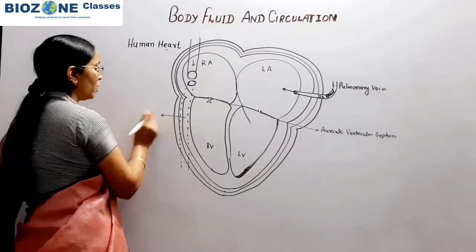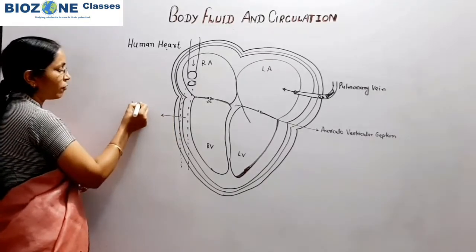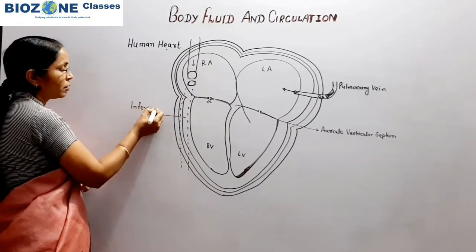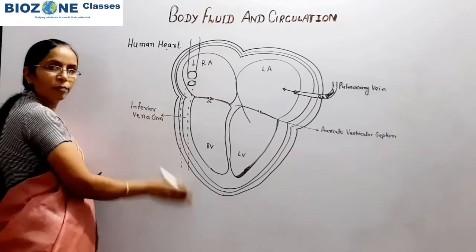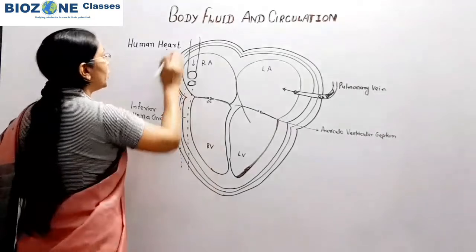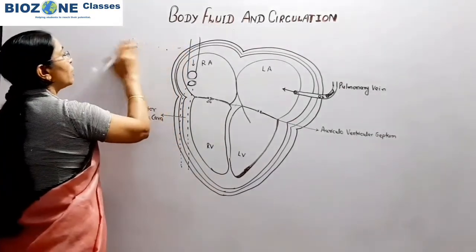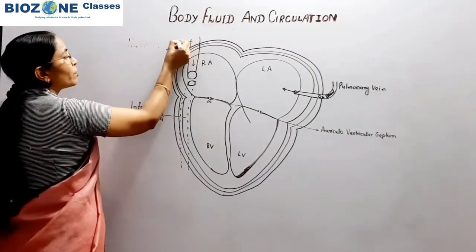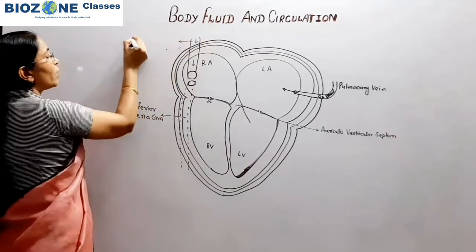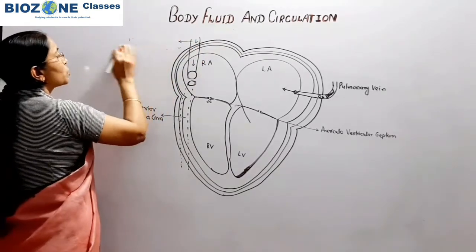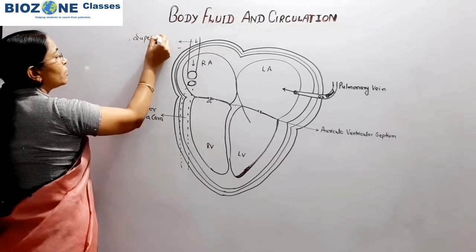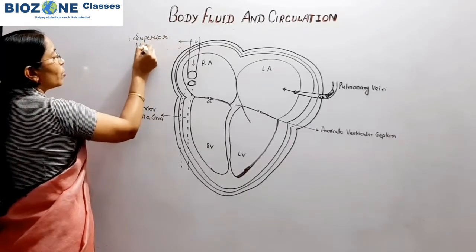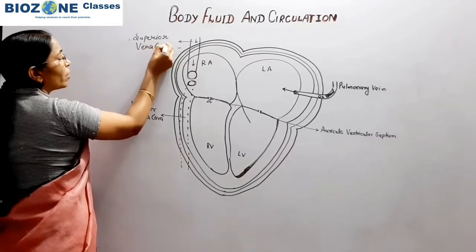So this, you remember, is the inferior vena cava, which carries impure blood from the parts situated below the heart, and this is the superior vena cava.